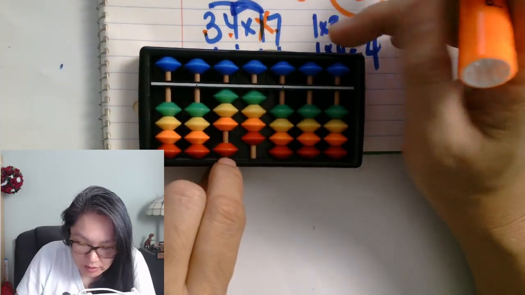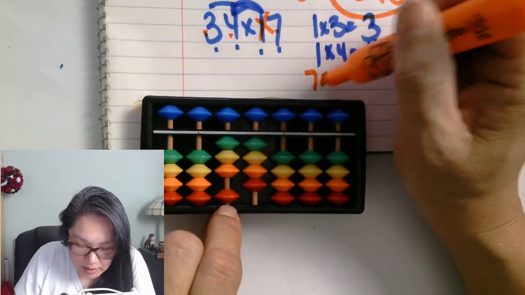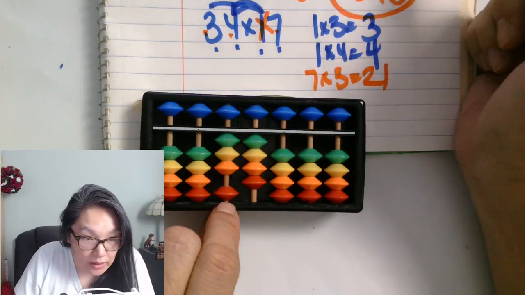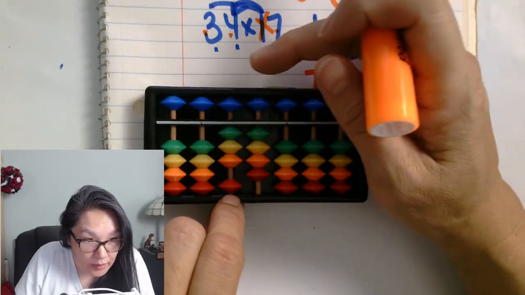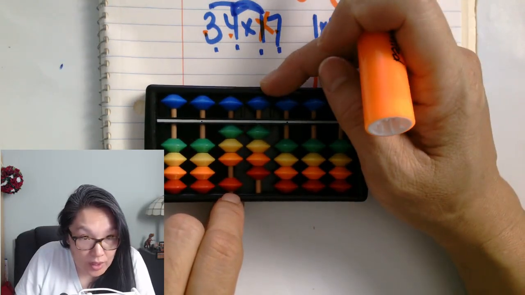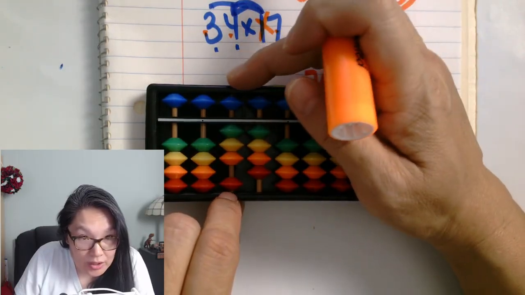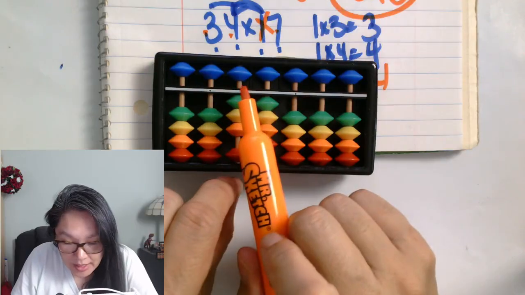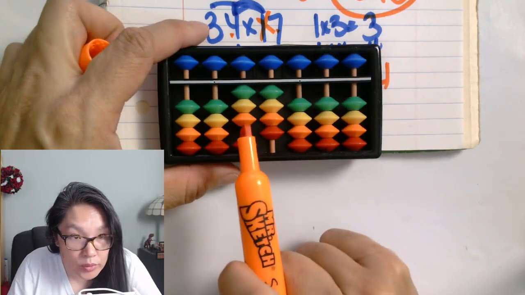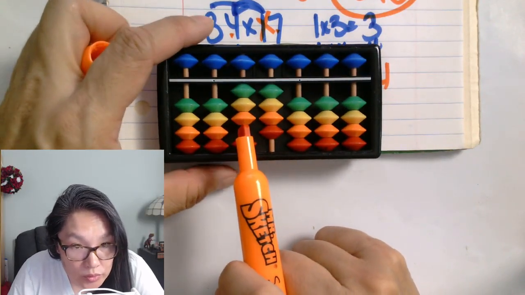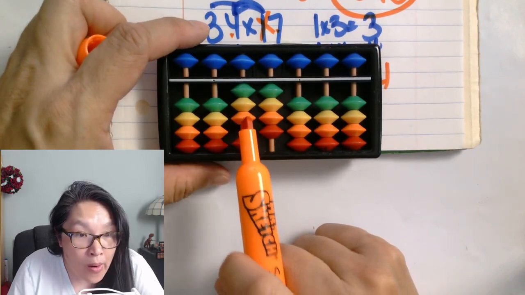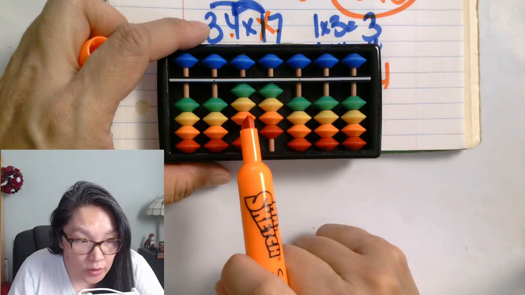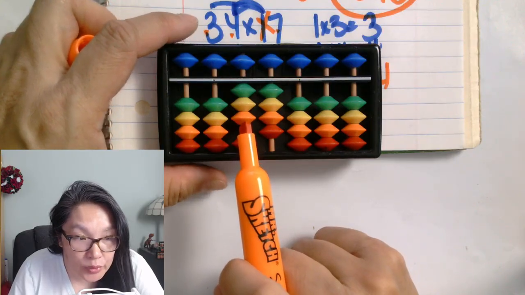So now we're here. 7 times 3 is 21. I add my 2 and I add my 1. Can I add 2 here? I cannot add 2. So what do I do if I cannot add 2?